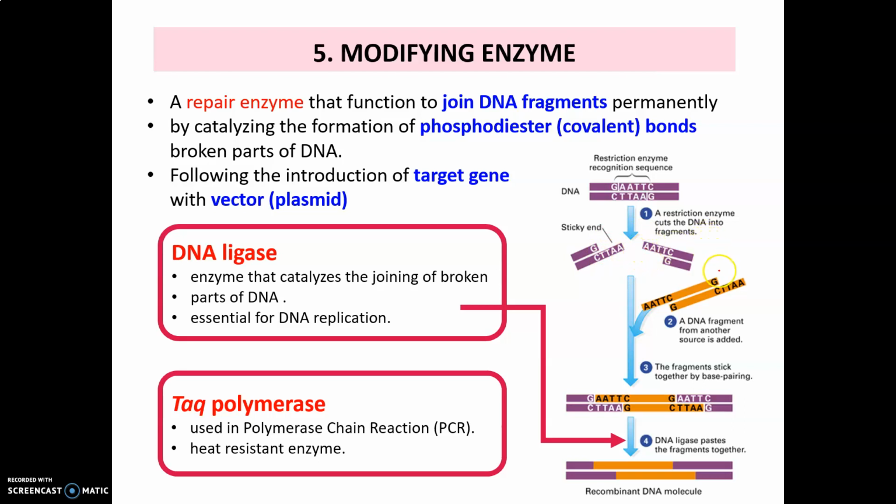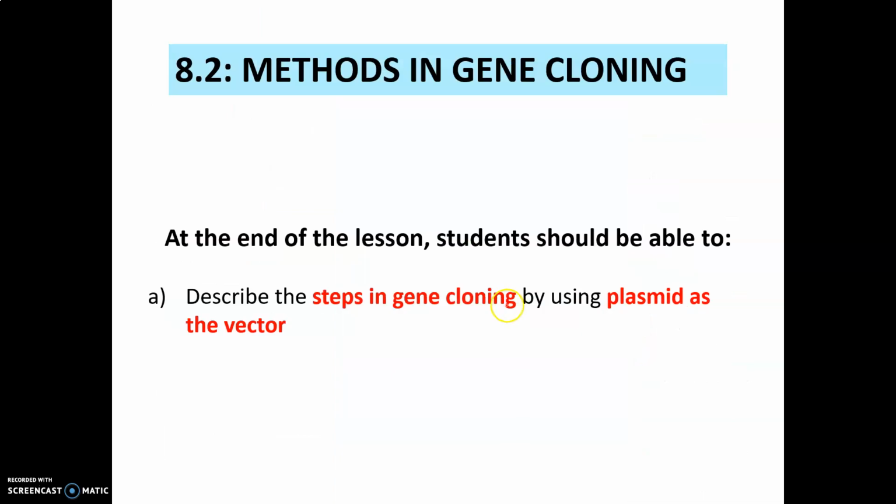Tetapi pada masa yang sama, the target gene juga akan ada GATTC dan dia akan form this staggered cut juga. Okay, cuma apa yang berlaku, this sticky end dia akan complement dengan the sticky end of the plasmid. Hence apa yang berlaku, dia akan allow insertion to happen. Bila insertion akan happen, this one will be sealed by DNA ligase lah. Eventually dia akan form this recombinant DNA ataupun recombinant plasmid. Yang ni kita akan tengok later in the steps in the gene cloning.